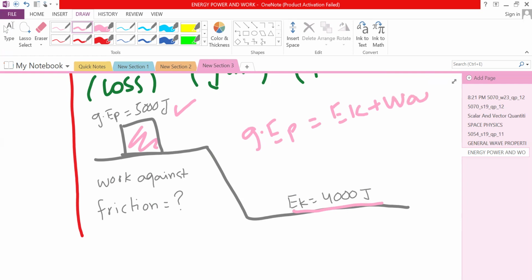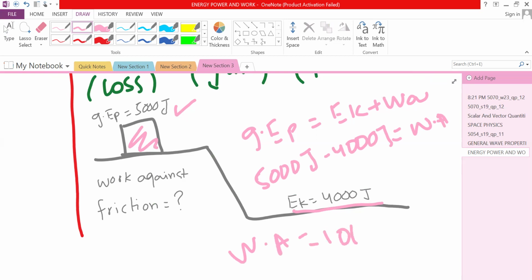So 5,000 joules minus 4,000 joules equals the work against. So the work against equals 10,000 joules, meaning the friction is 10,000 joules.